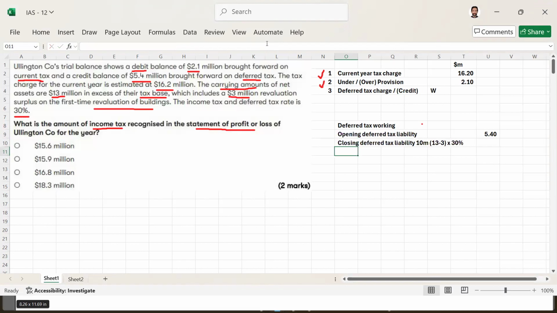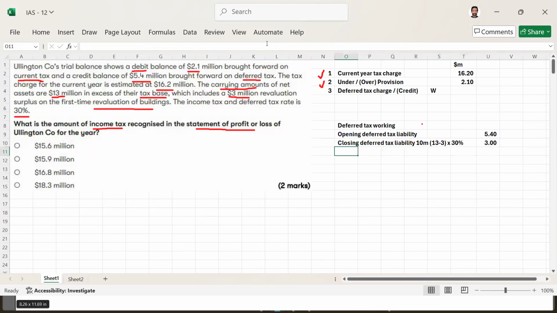So that will be 3. So the deferred tax liability has gone down, which means that it's a credit. If the deferred tax liability had increased, it would have been a charge. But since it has gone down, it's a credit.